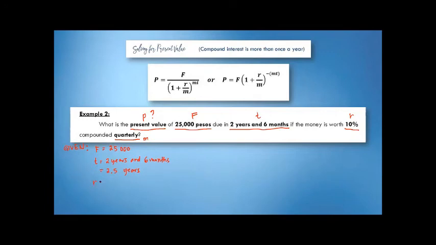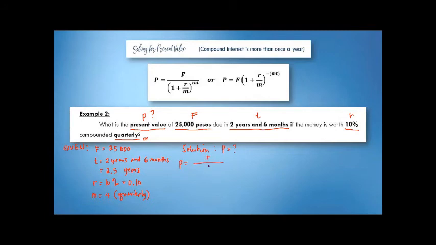And then we have the rate which is 10%. So alam natin ang decimal niyan is 0.10. Then we have the compounding period which is 4. Kung bakit siya 4? Because it is quarterly. Now, pwede na nating isolve ang present value. So we have the solution. P is unknown. Okay, so we have the formula.